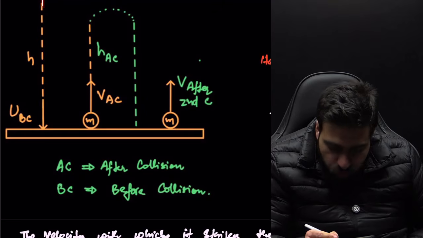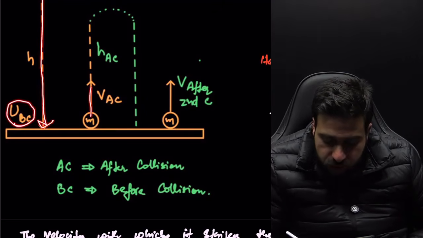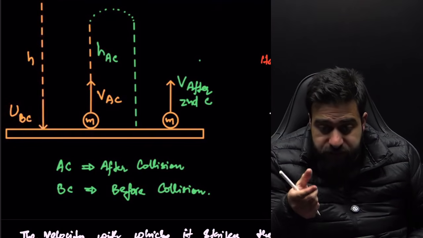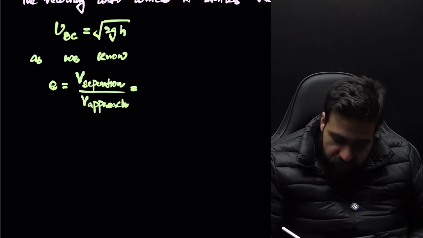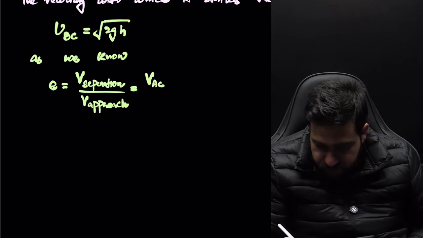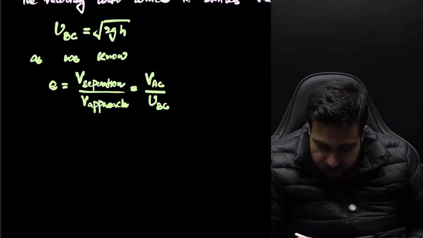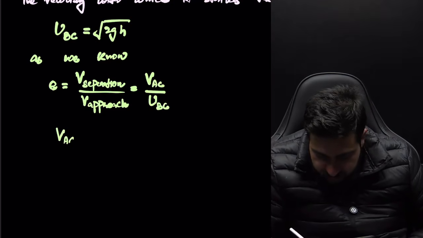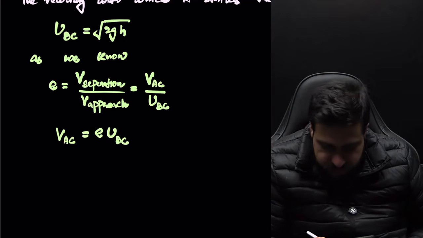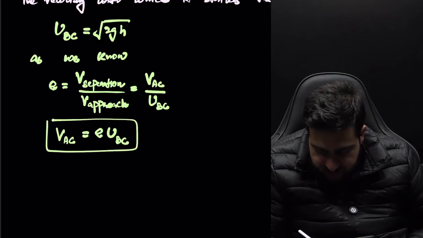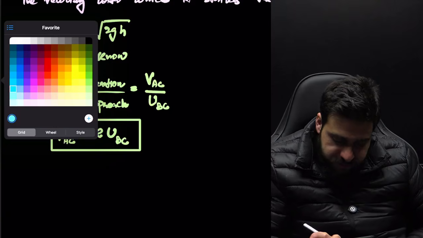So velocity of separation is velocity after collision, and velocity of approach is velocity before collision, that is UBC. So velocity after the collision is E times the velocity before the collision. This is the first equation that you will be remembering.